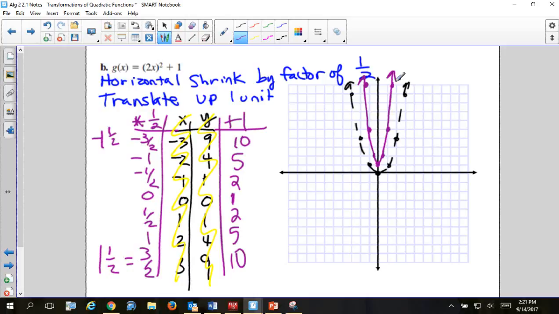So we have a horizontal shrink. It got skinnier horizontal-wise, shrank horizontal-wise, and moved up one from where the vertex was.